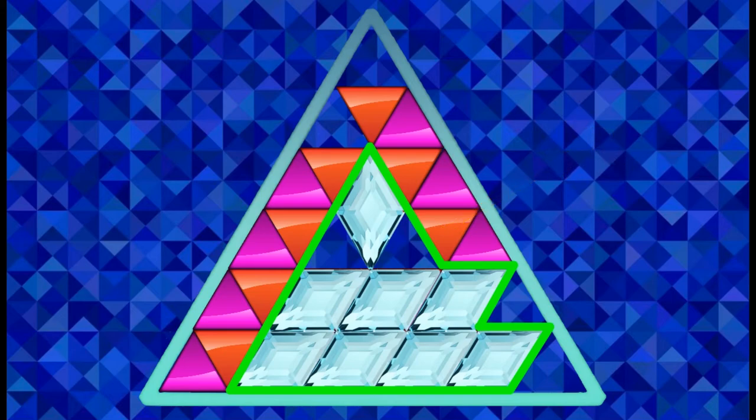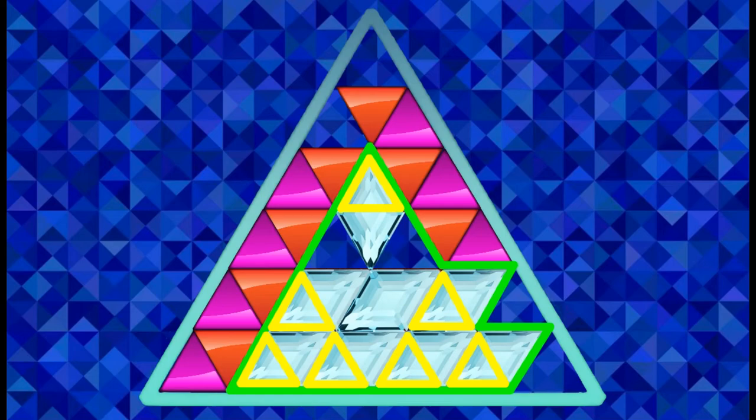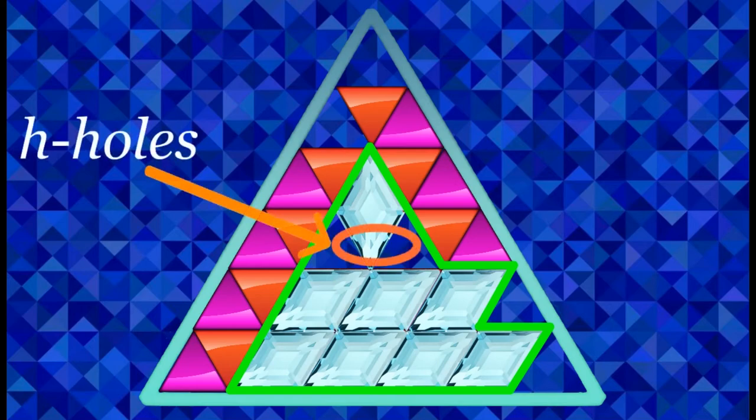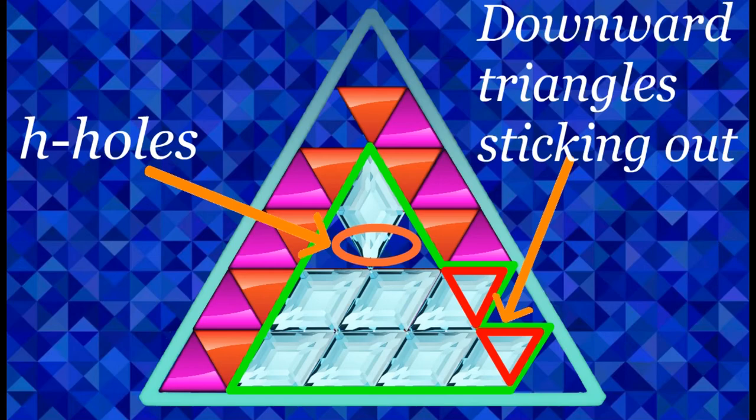Our main observation is that the boundary of T consists only of upward unit triangles. Hence, if T has H holes, then R is a triangle of size K with also H holes, and possibly some unit downward triangles sticking out.